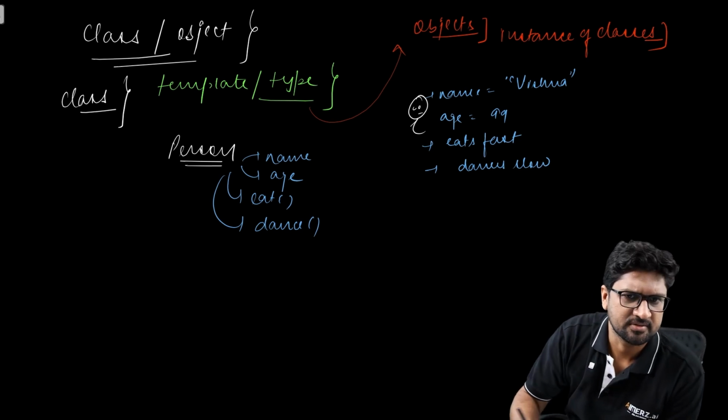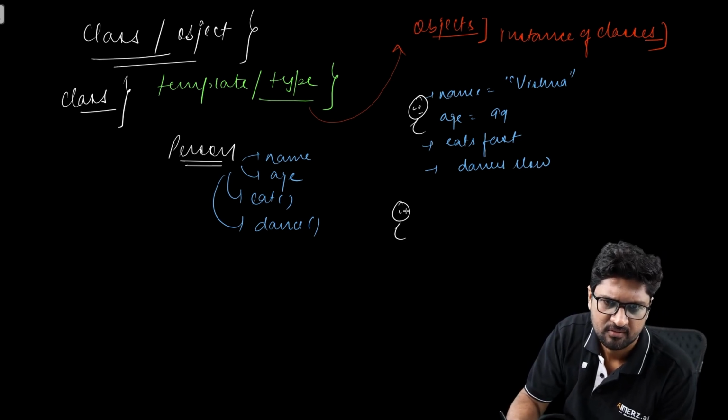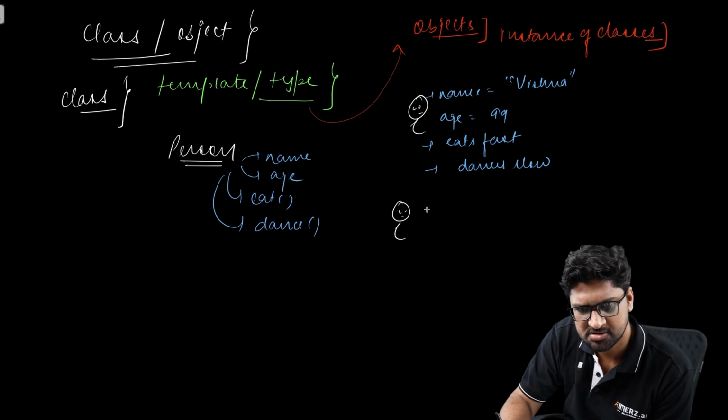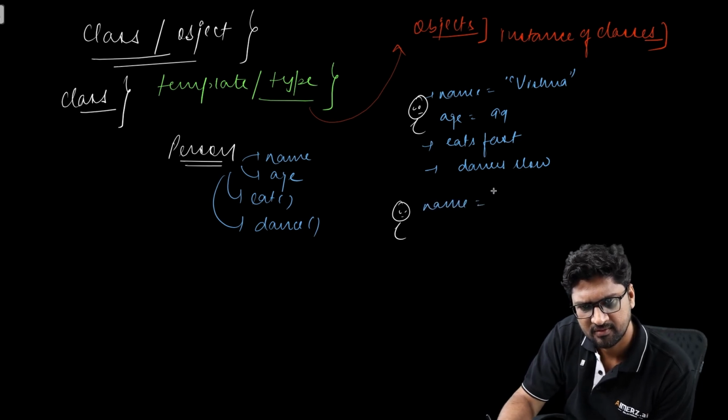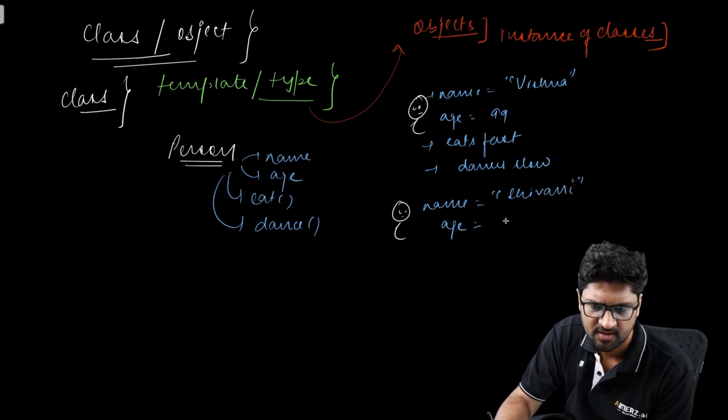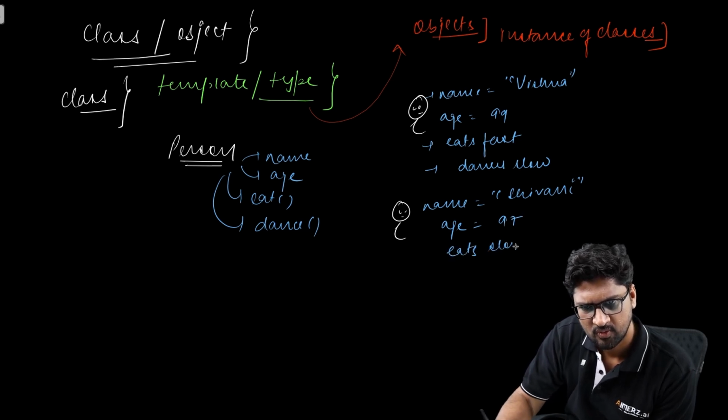Let's say there's another person, and let's say this person's name is Shivani. Age is 97, eats slow and dances fast.